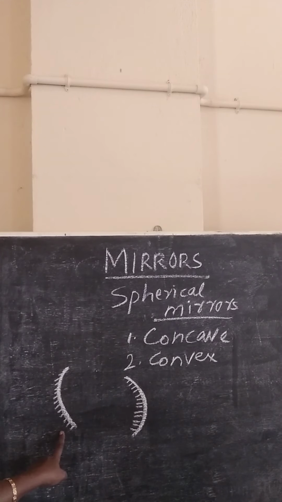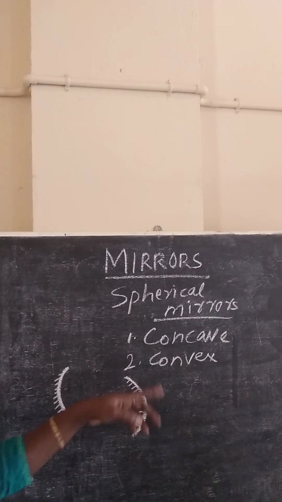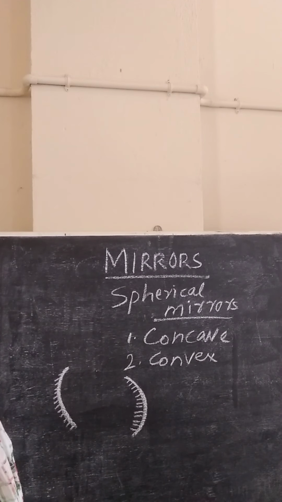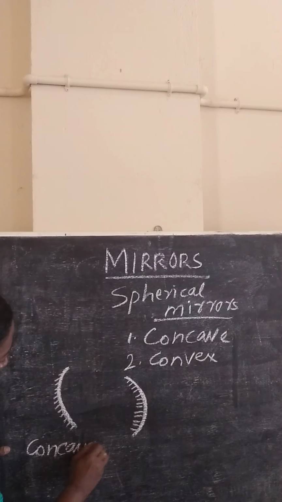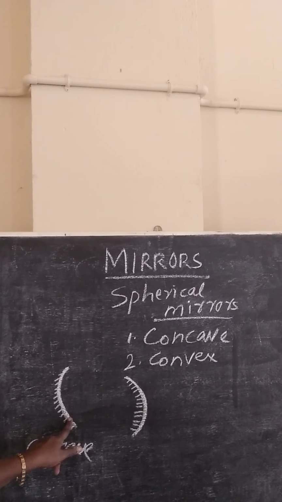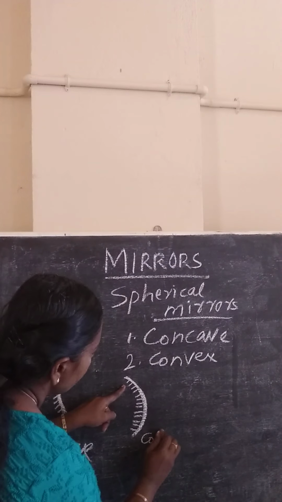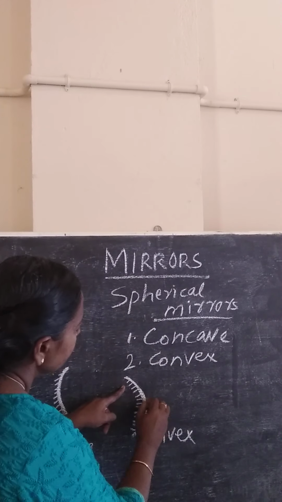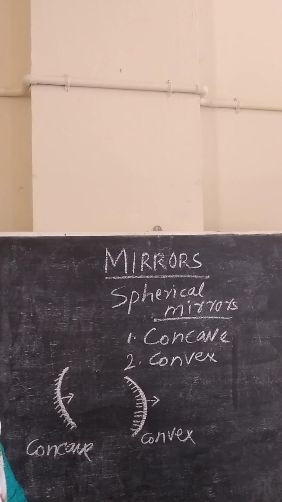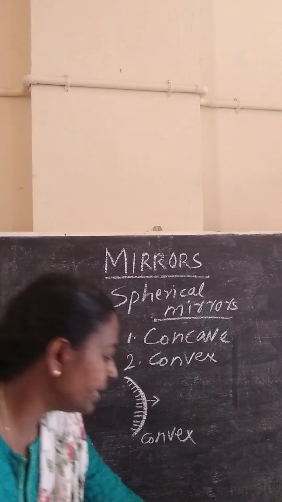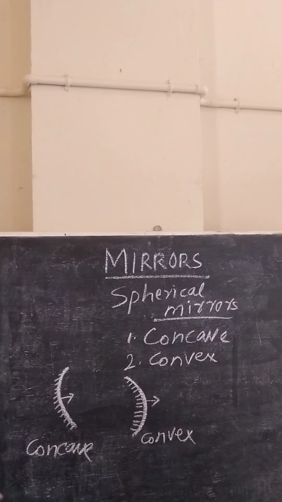In this way we can draw a concave mirror and a convex mirror. Let me write it: in a concave mirror, bending is the reflecting side, and in a convex mirror, bulging out is the reflecting side. This is the difference between a concave mirror and a convex mirror. And what are the different points related to the first mirror, the concave mirror?